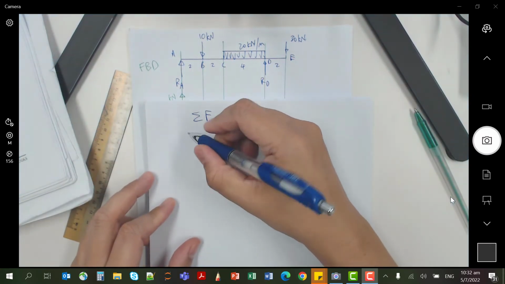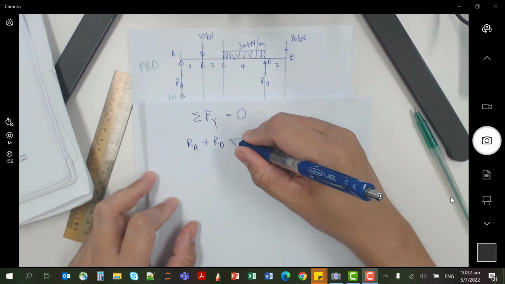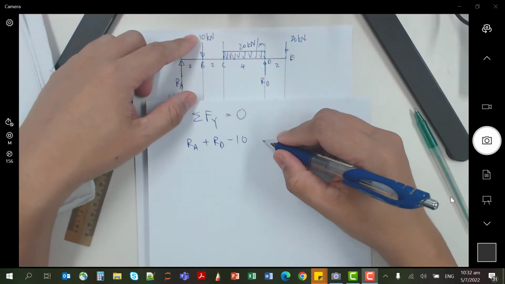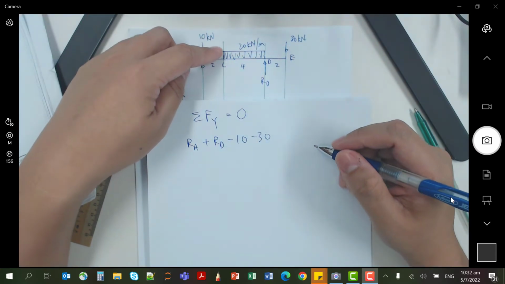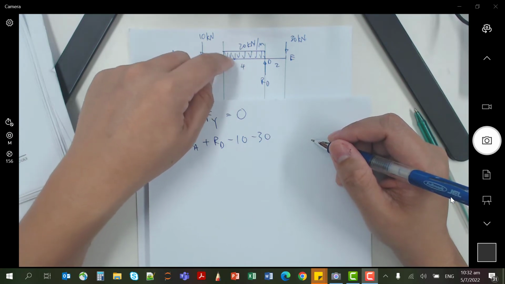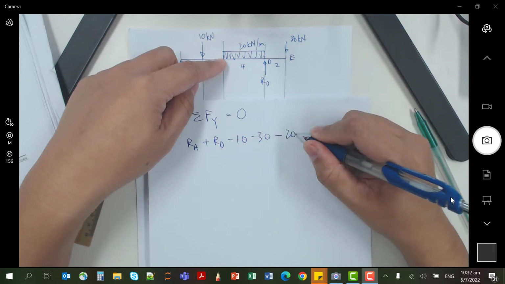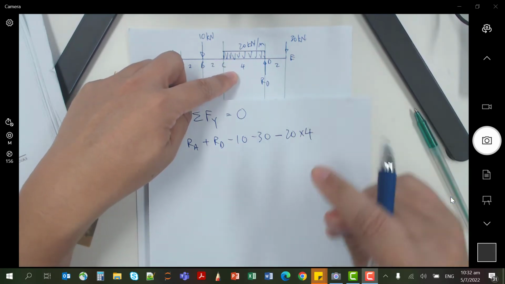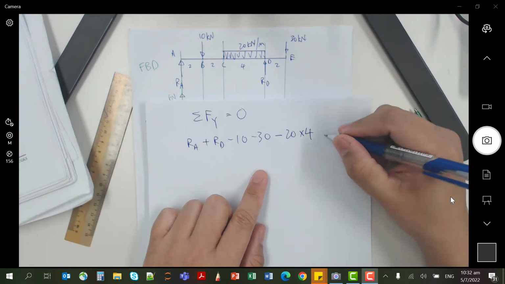So what we should write is RA plus RD minus 10 minus 30. And for the UDL, when you have 20 kilonewton acting for every meter, the total force is 20 times 4. They are all acting downwards, so this will be your equation.